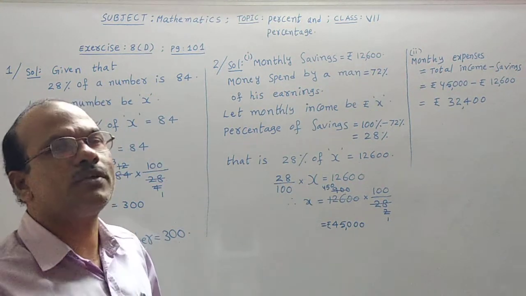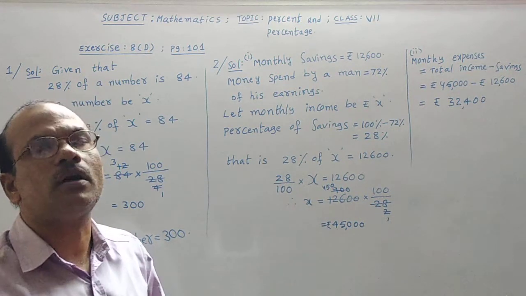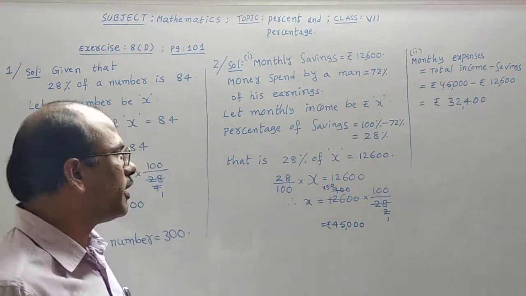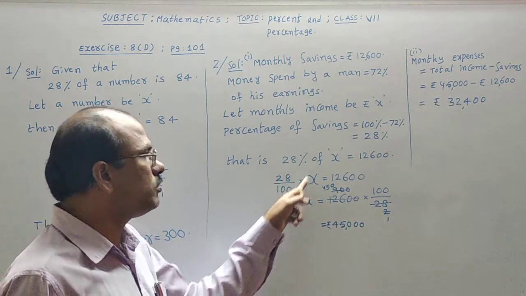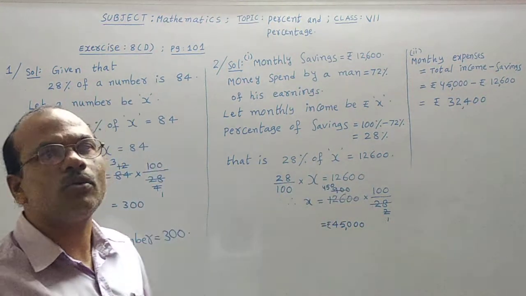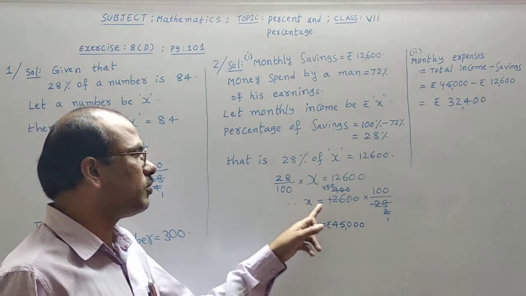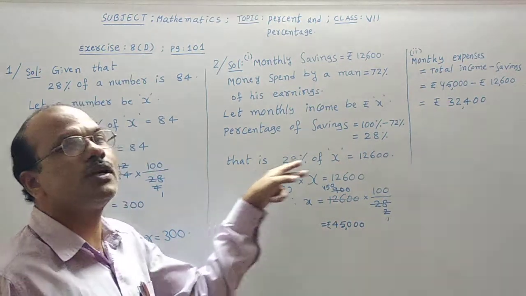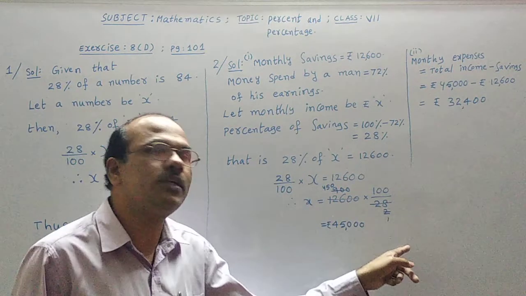Then 28% means 28 by 100 into x is equal to 12,600 rupees. Then as usual, like the previous method, x is equal to 12,600 into, when it moves to that side, the reciprocal, 100 by 28.